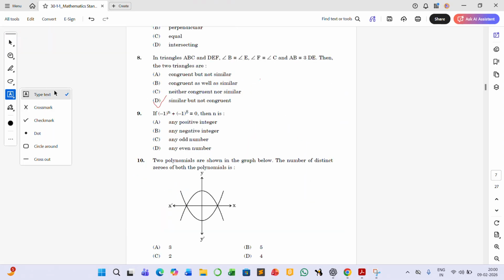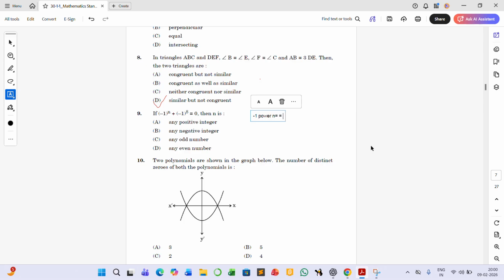Next question. If (-1) to the power n is dash dash dash. Basically, (-1) to the power 8 is equal to 1, and we are asked about -1. So we can make the equation (-1) to the power n is equal to -1.